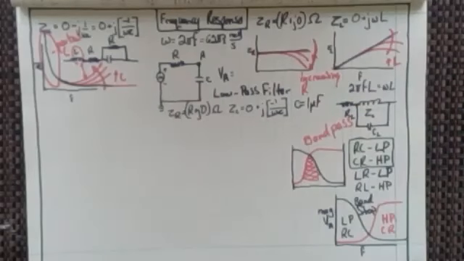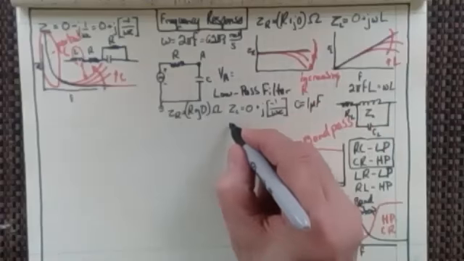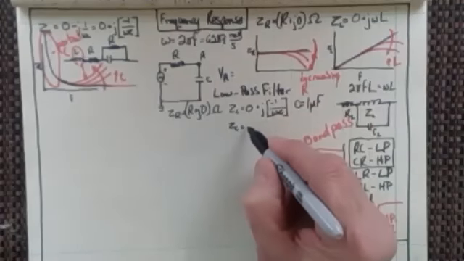So 1 times 10 to the minus 6 times 6283. That gives us that, but I really want 1 over that, and that gives us 159.16.